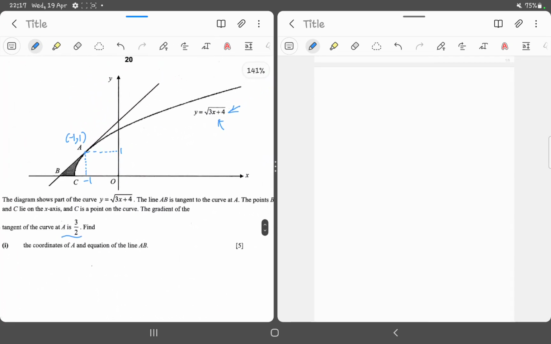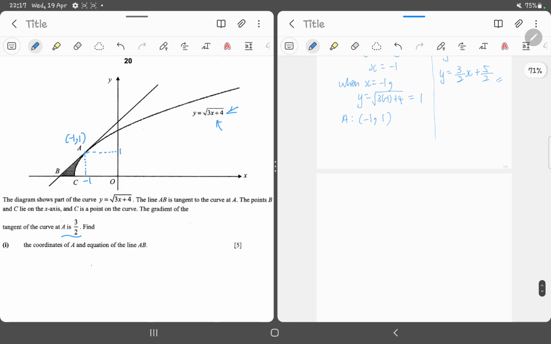In the question, they already told us that B and C both lie on the x-axis. For point B, we can use the equation of the line AB. In order to find the coordinates of point B, we can simply substitute y equals 0 into the equation of line AB.